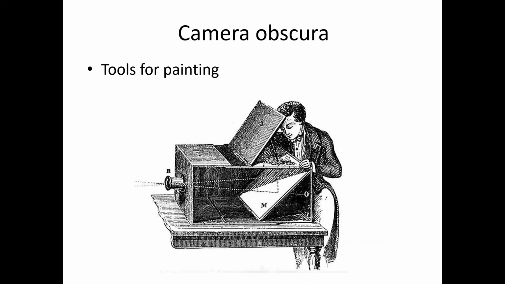So there's a white paper, and the image is reflected through the lens. You just follow the reflected image with a pencil or something. Then you can describe the image.